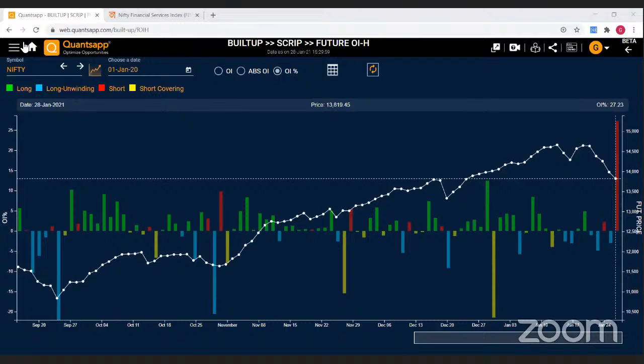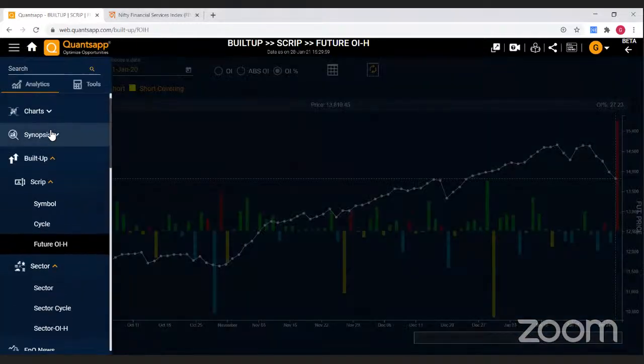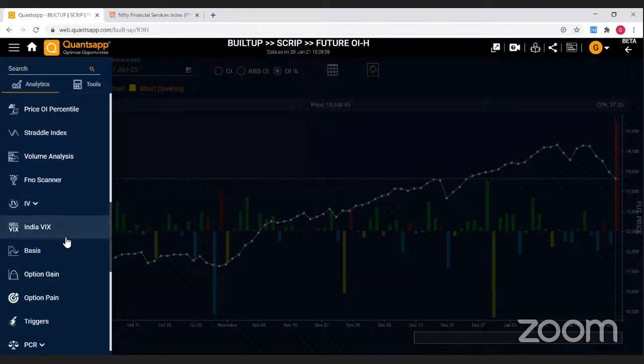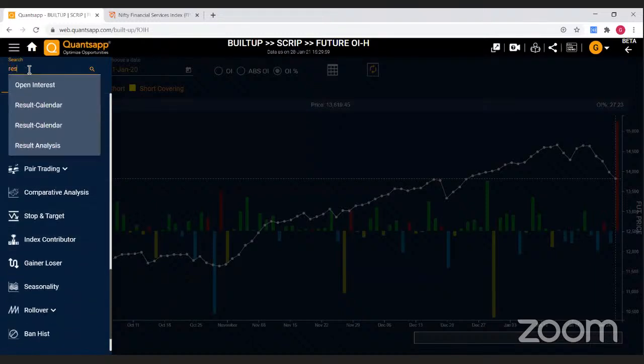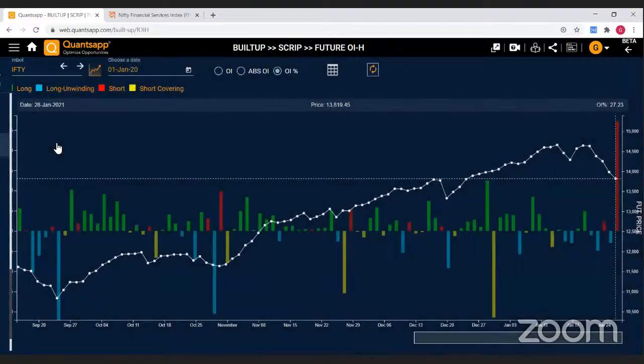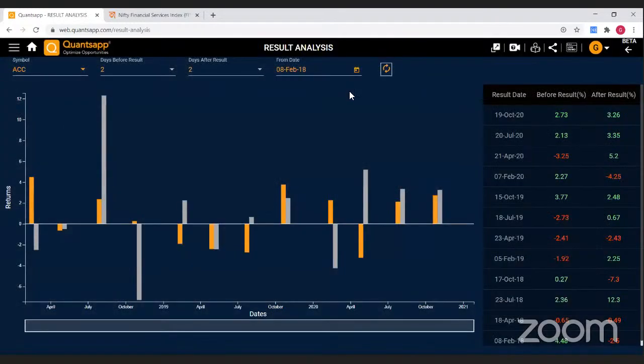So let's move to the next tool that we are taking, which is result analysis. Now we will be looking at how the stock price has moved before and after the announcement of the result.